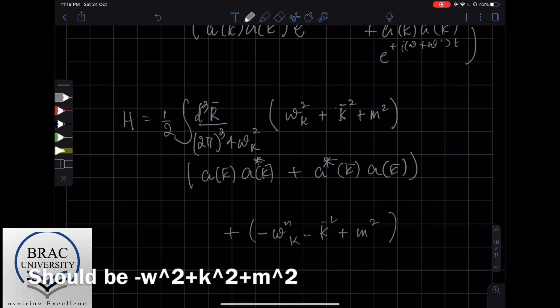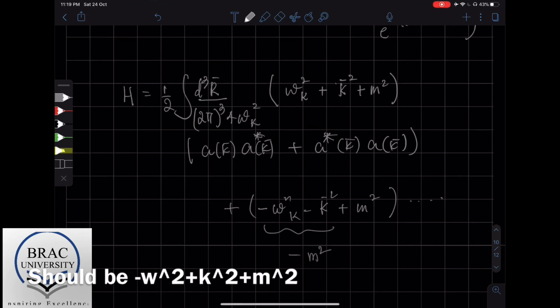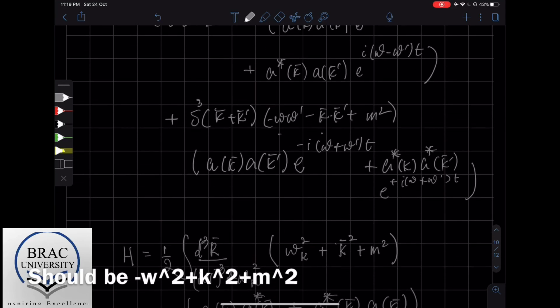But this thing is nothing but minus m squared. And therefore, whatever is here won't matter. This whole thing will be 0. So the second term, all these terms are going to just drop out.